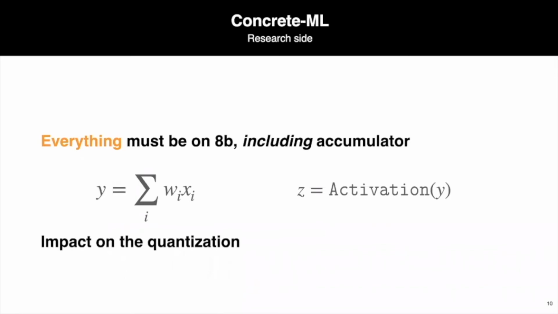So just to explain a bit more what it means. When you compute your dense layer, so for example your matrix multiplication, you end up with something like y, which is equal to the sum of some weights w_i times x_i, which is the input.